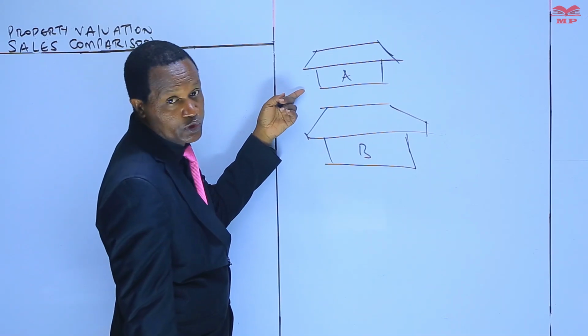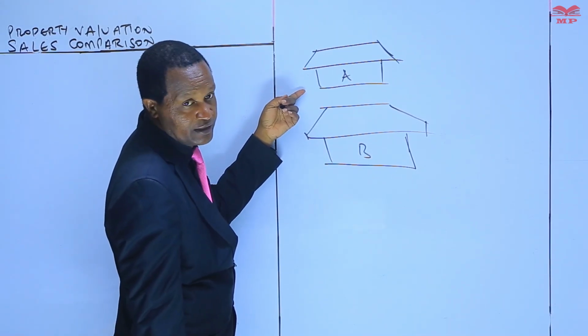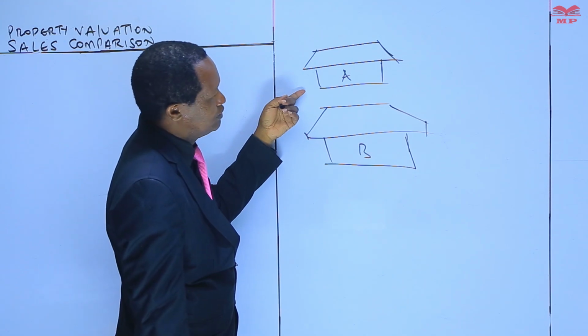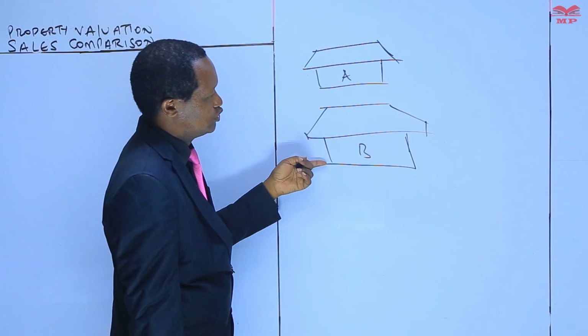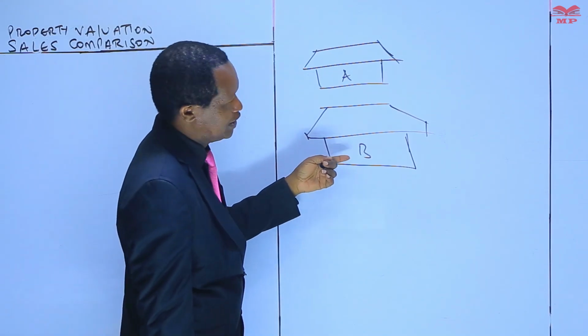So such a buyer will not pay more for this property A than what they would reasonably pay for a close substitute. And this substitute could be property B or house B.